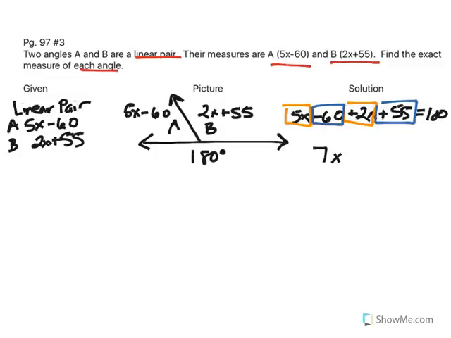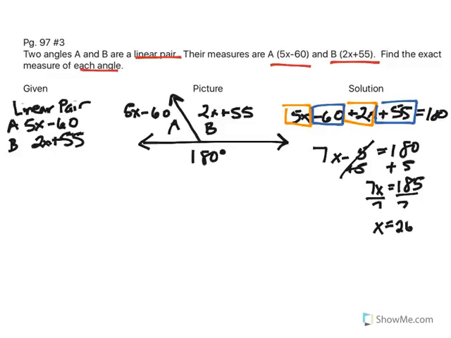Negative 60 plus 55 is going to leave us negative 5, equals 180, plus 5. Okay, so we solve for x.